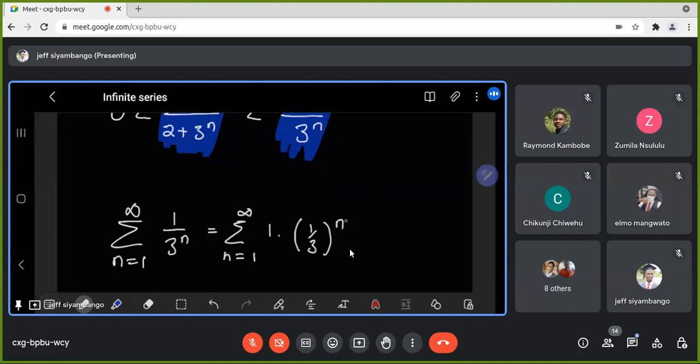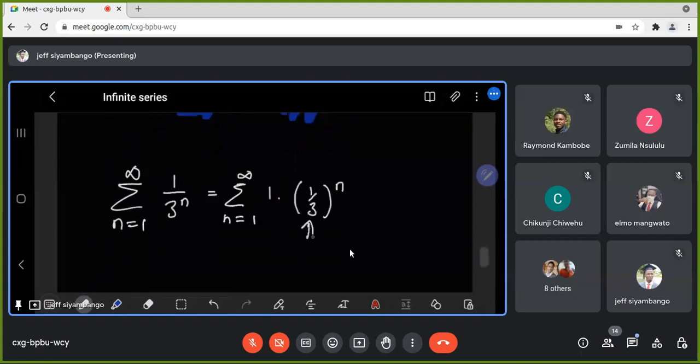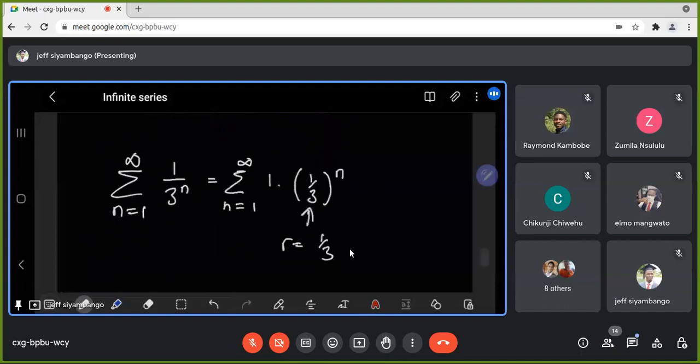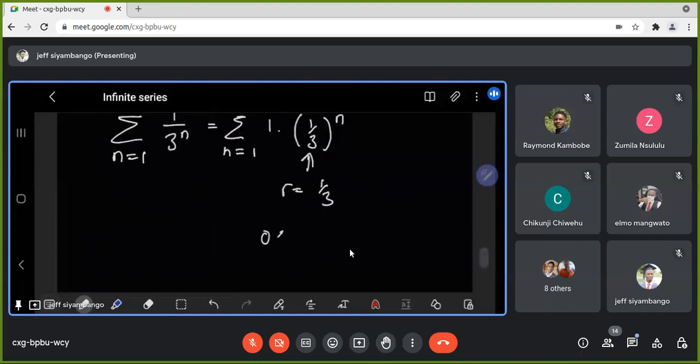So our r here becomes 1 over 3. You see that our r lies within this range. And since it lies within this range, according to the geometric series, it means that this converges.